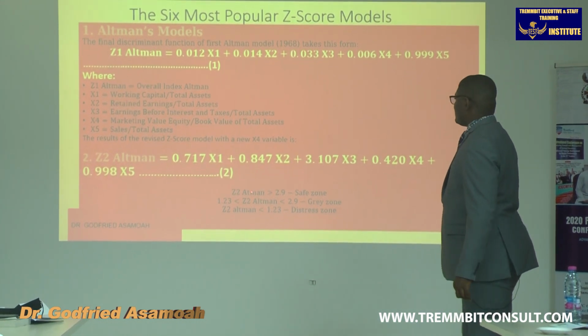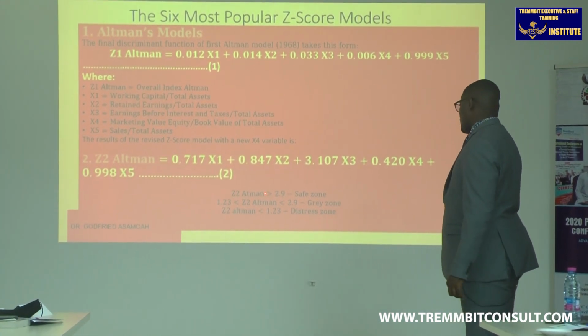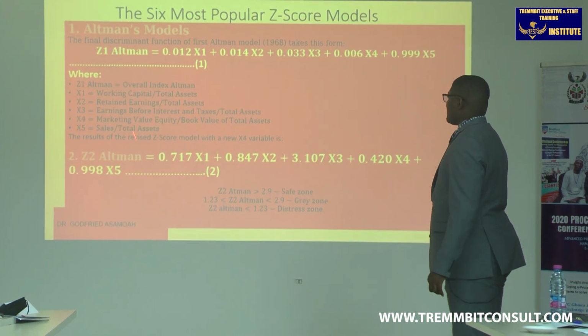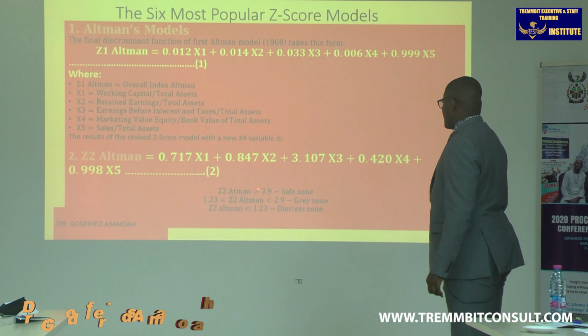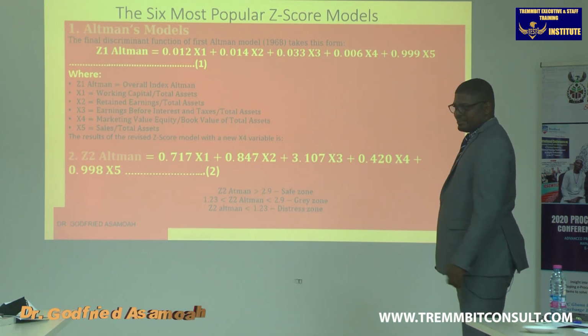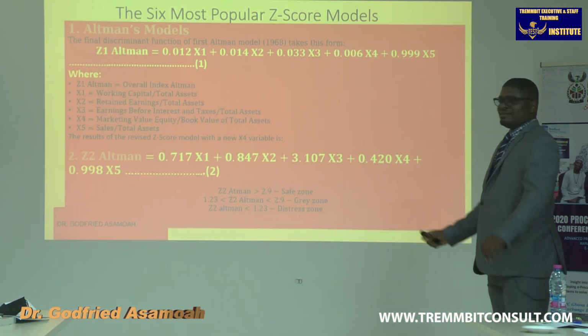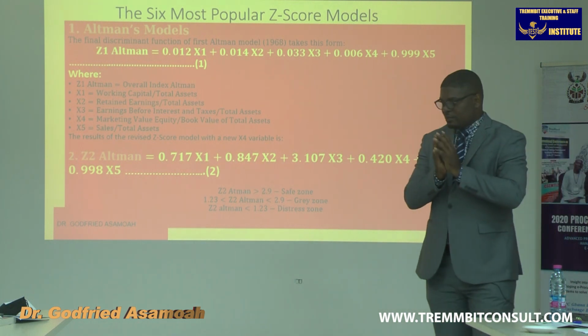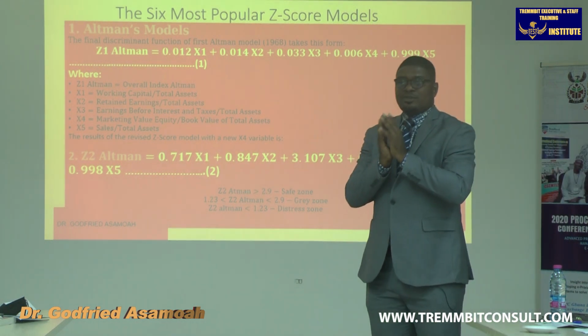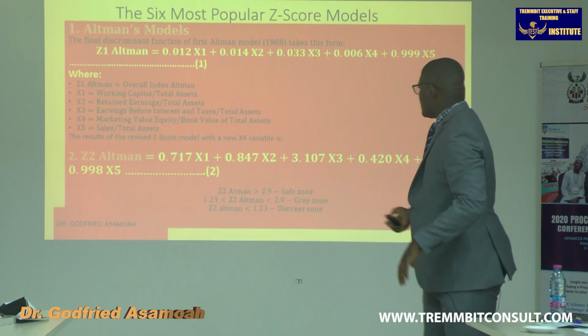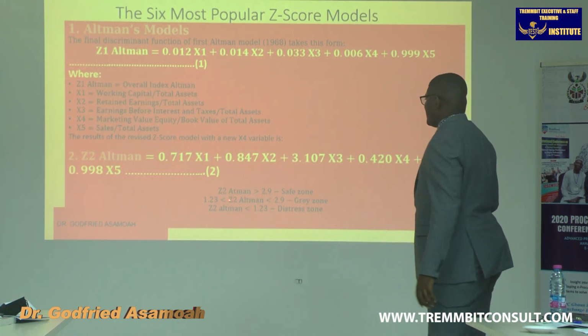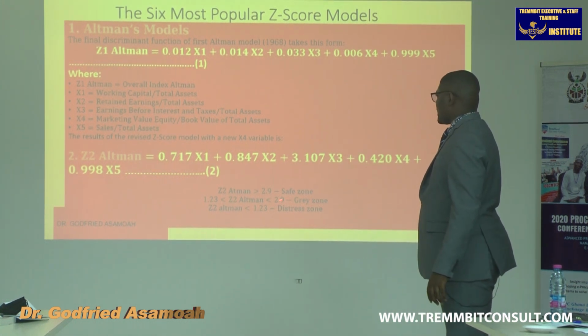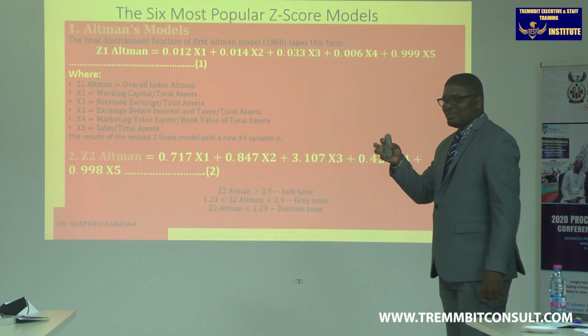So when you calculate the Z-score, what's going to happen is that when the Z-score is greater than 2.9, it means that the firm is in the safe zone, so it's not likely going to fail. When the Z-score is between 1.23 and 2.9, it means that it's in a gray area.